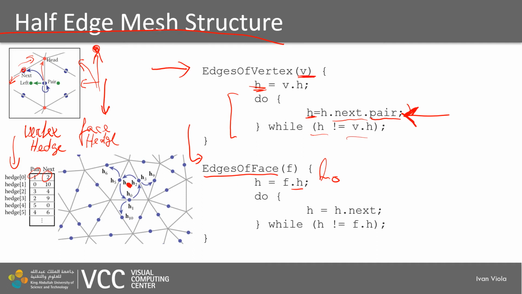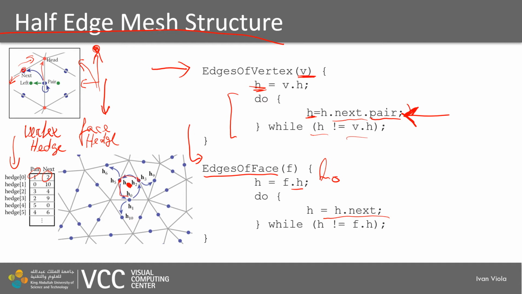Then its next will be h2, and then its next half edge will be h5, and its next half edge will be again h0. So this way we can easily make a circle around the half edges to find out all the edges of a particular face.